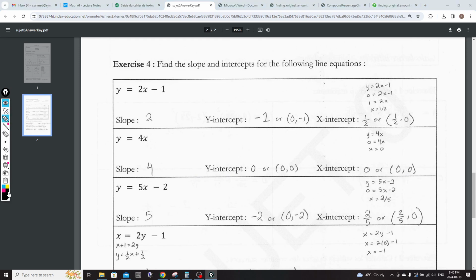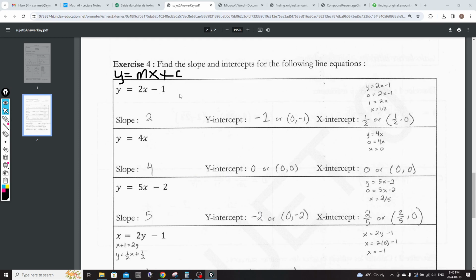Now, slope-intercept form is this form, mx plus c. And you'll recall from our classes together that c is the y-intercept and m is the slope.